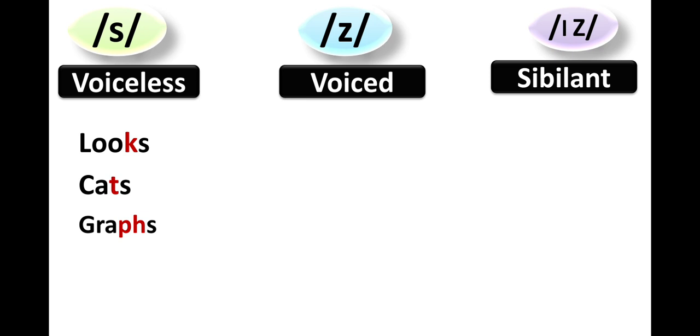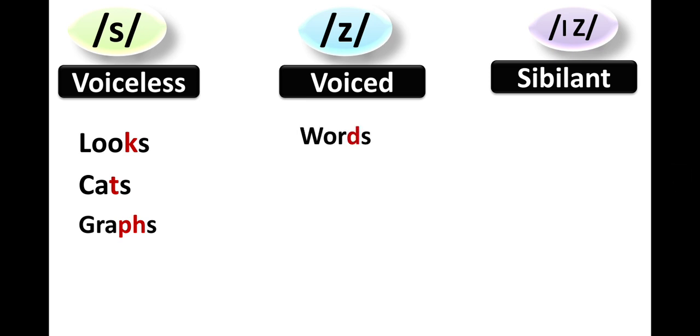So here K, T, F. Here I am talking about sounds. Okay, so these sounds are voiceless sounds, and whenever letter S will appear after these voiceless sounds, it will be pronounced as s, looks, cats, graphs.